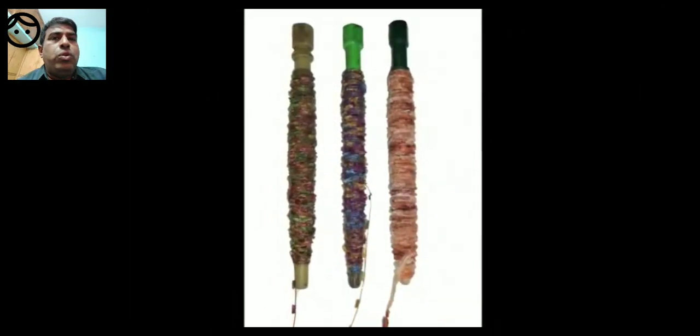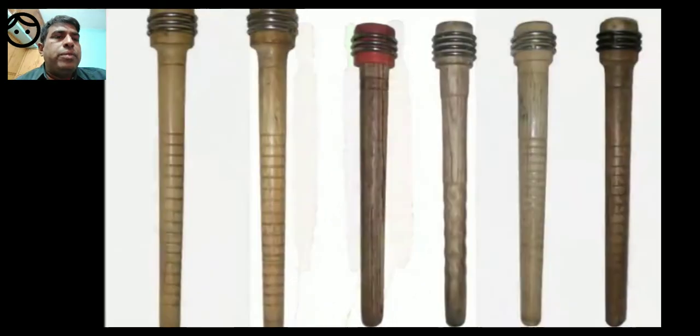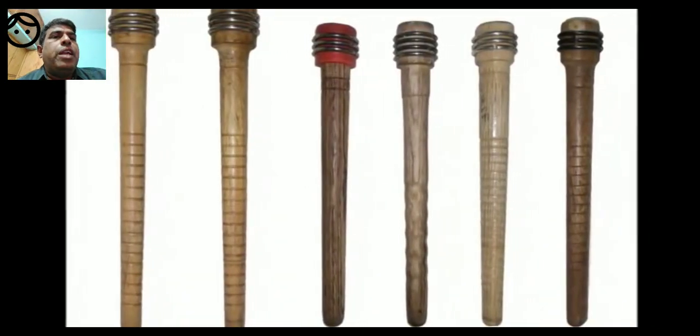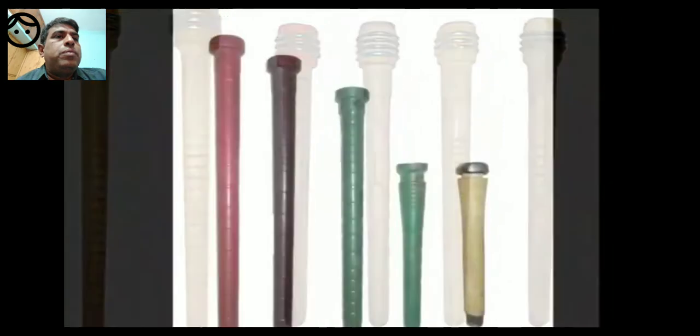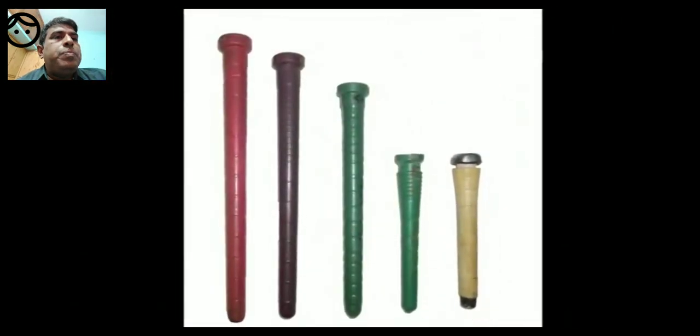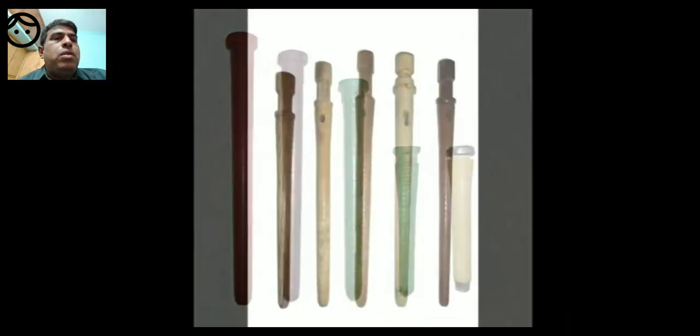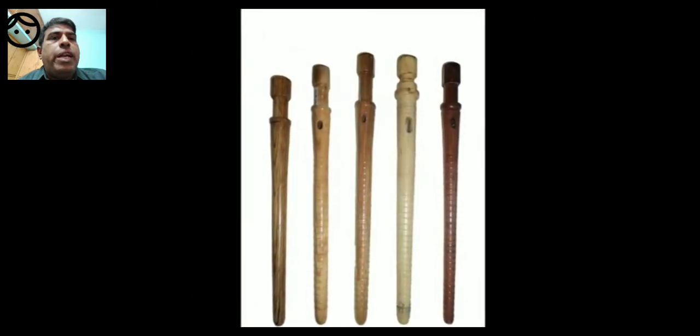Fifteen centimeters to 25 centimeters pern length. These are empty perns. You can see the base of the pern and the tip of the pern.